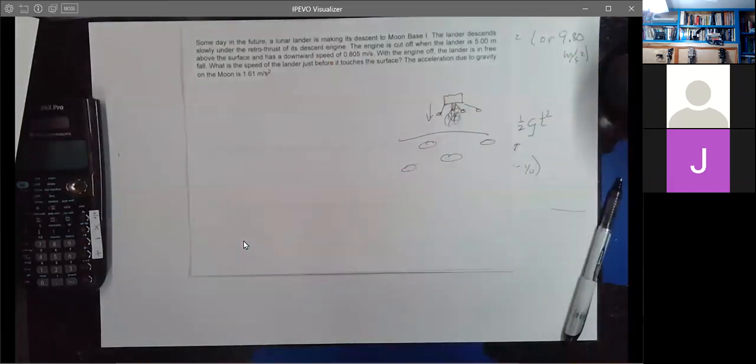I don't know if you've ever watched any of the landings of the SpaceX rocket boosters, but they're the first people who've ever done this. And it took them a bunch of tries before they had one that worked.